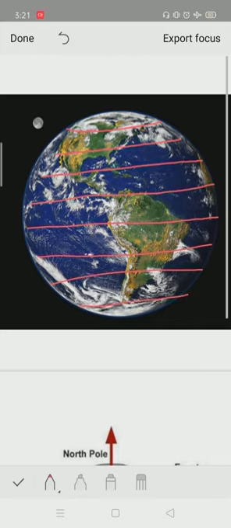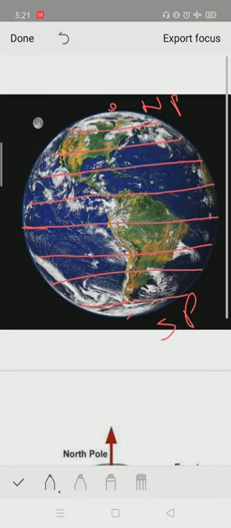That all the latitudes are not of equal length. The equator is the longest, and as we move towards the North Pole or the South Pole, the length of the latitudes starts to reduce.